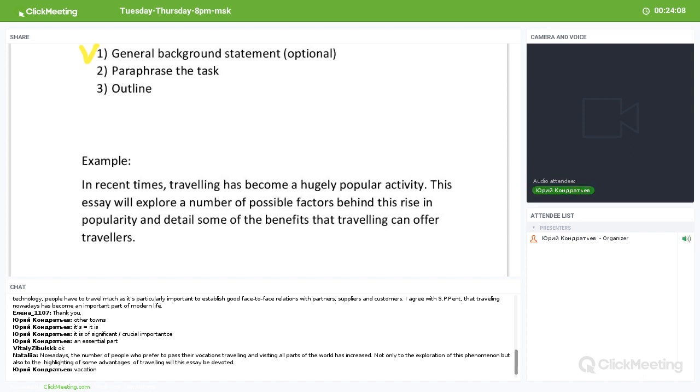If you say not only, the inversion should be in the first part. And maybe it's: not only will this essay be devoted to the exploration of this phenomenon, but it will also deal with highlighting some of the advantages of traveling. It will be like this. But it doesn't sound very natural.